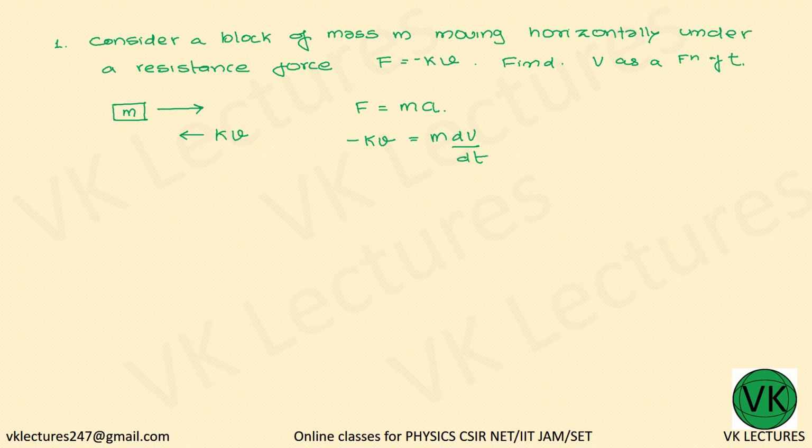So F is the resistive force, and let us bring the similar terms together. So it gives us minus k dt by m is equal to dv by v, and this is integral, and this is from v naught to v.